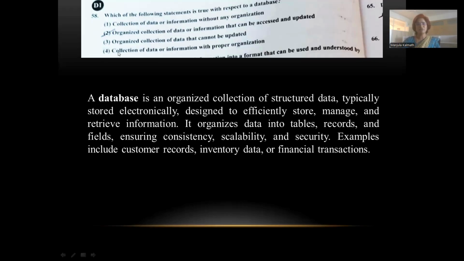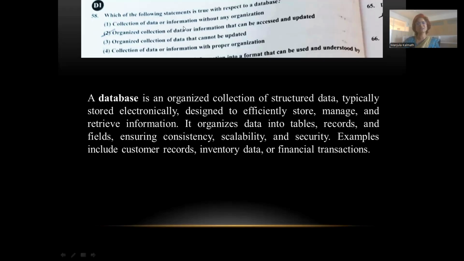Here we have a collection of the data, it is a database. And information, it is an organized collection of the data, okay, with the proper organization. Information, after processing, whatever result is generated, cannot be maintained in the database. Only the initial data, the raw data, is maintained in the database. That's what the correct option is.